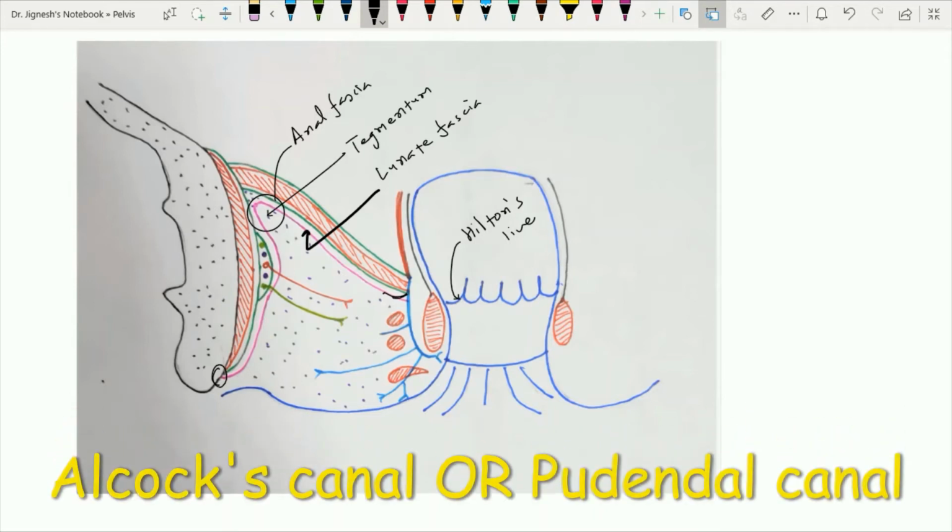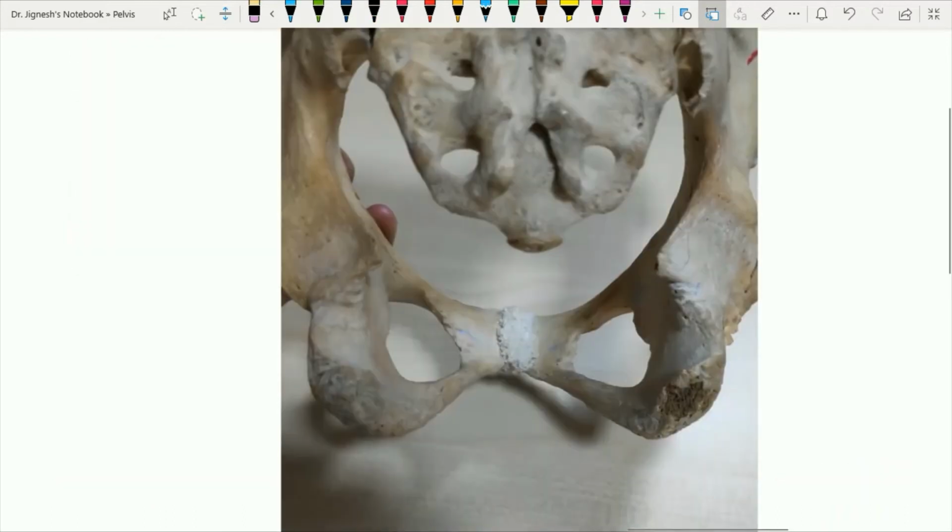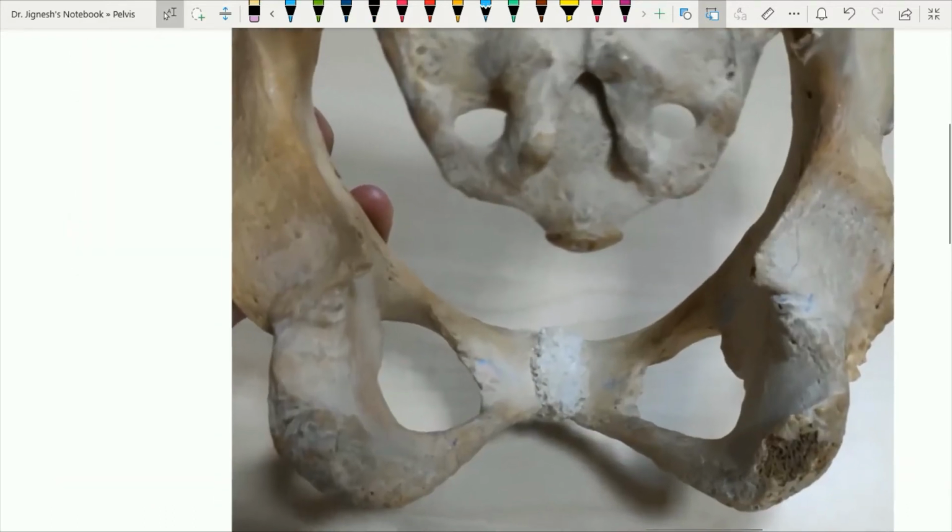Now let's see Alcock's canal, or we can say the pudendal canal. When we see the pudendal canal, we have to see the bony image. Here in this image, we can appreciate the pudendal canal.